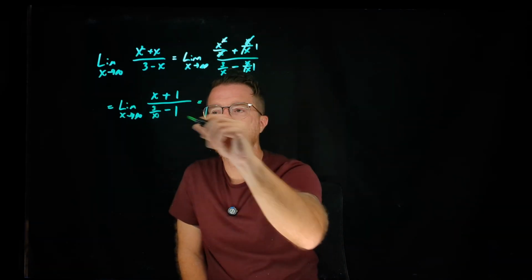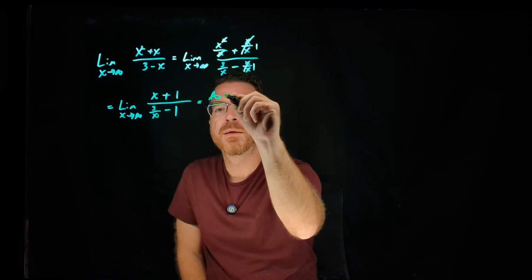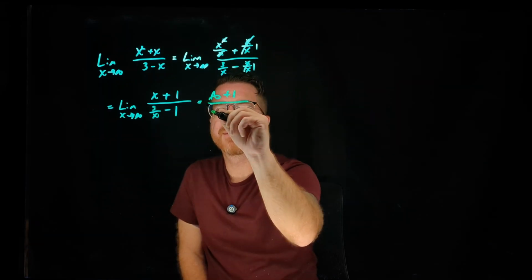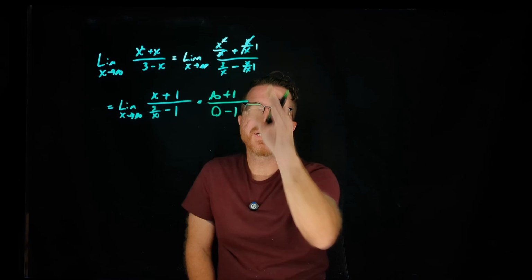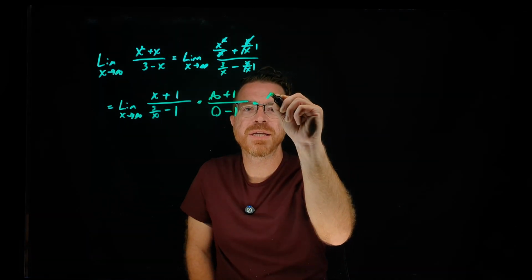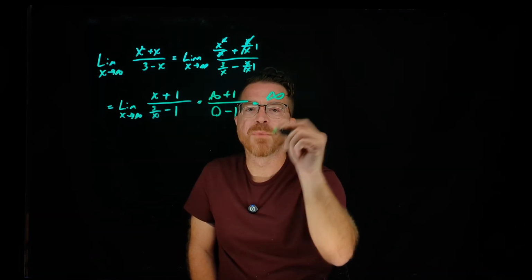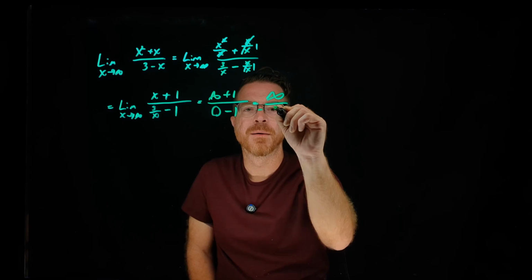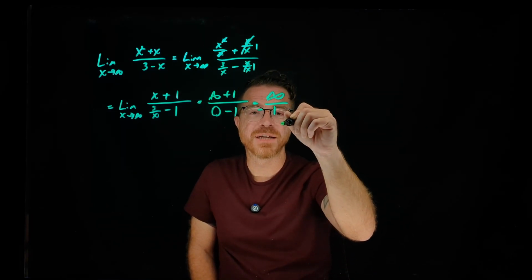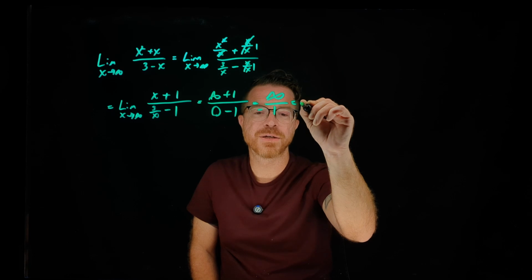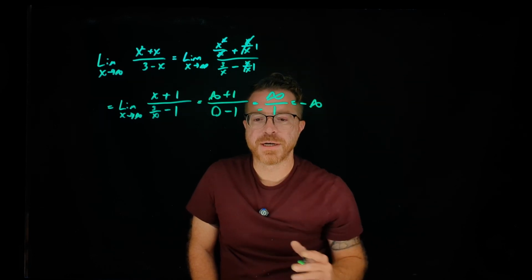So this is going to be infinity plus 1 divided by 0 minus 1. Now, infinity plus 1 is just equal to infinity. 0 minus 1 is going to be minus 1, which means that I have infinity over negative 1, which is the same thing as saying that this goes to negative infinity.